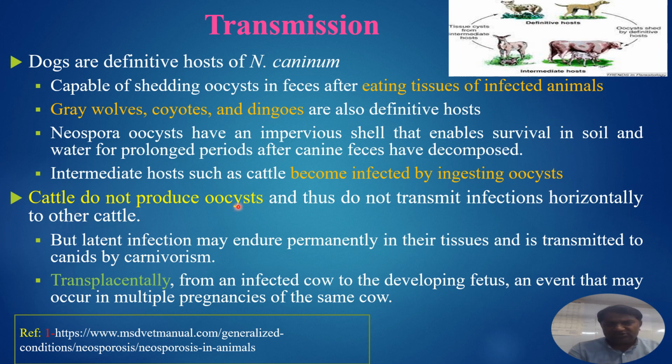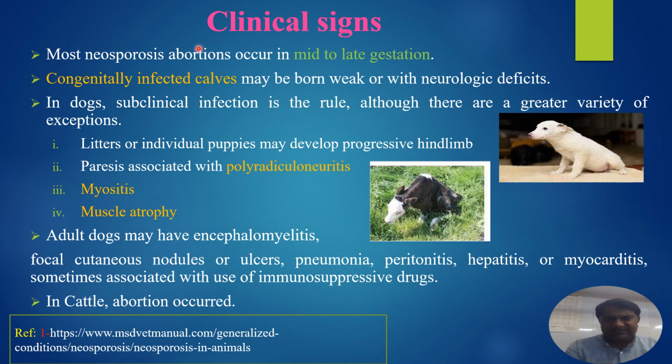Cattle do not produce oocysts and thus do not transmit the infection horizontally to other cattle, but latent infection may endure permanently in their tissues, and it is transmitted to canids by carnivorism. Transfer occurs essentially from an infected cow to the developing fetus, or even across multiple pregnancies of the same cow.